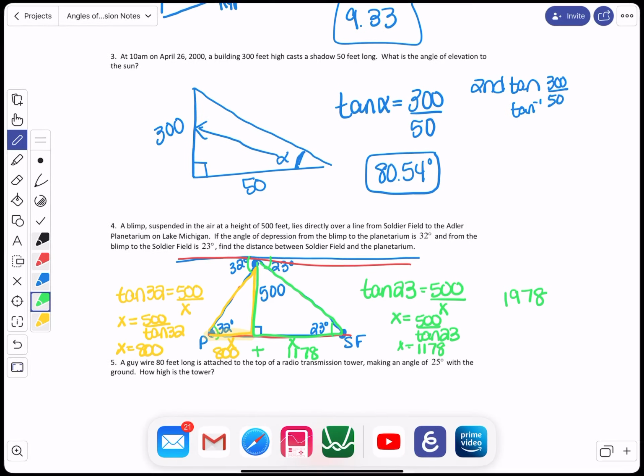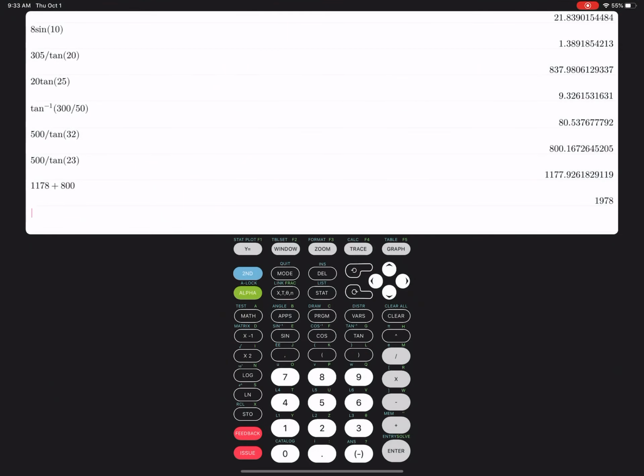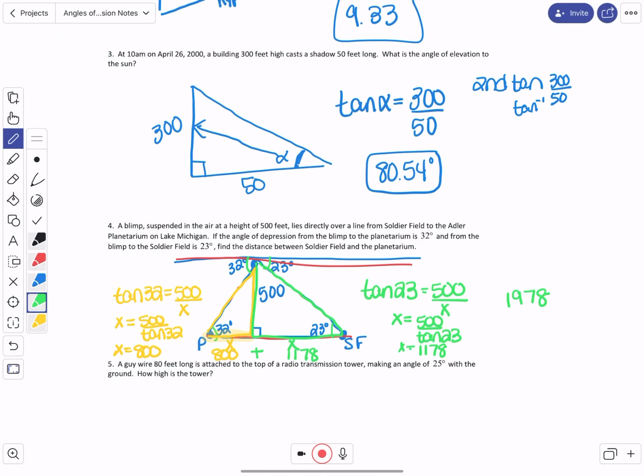Did I do that right? Yeah, 1,978. So that is our total because we just added those two together. So basically, you just did two triangles and added up your total of their bases. And that's the toughest problem that you'll have.